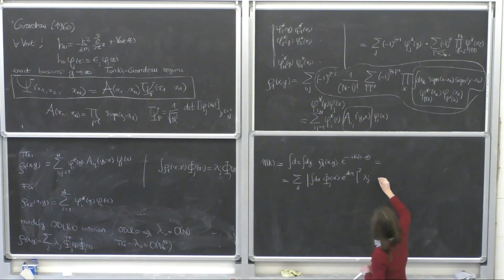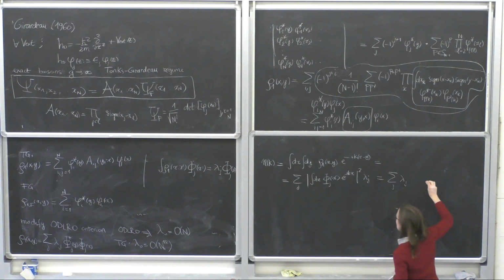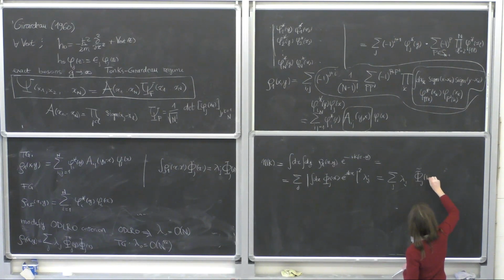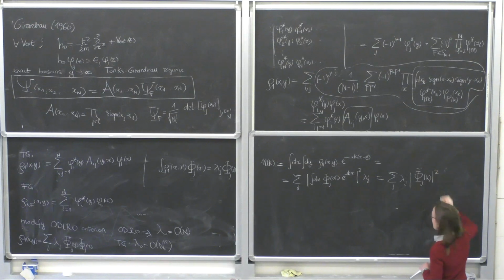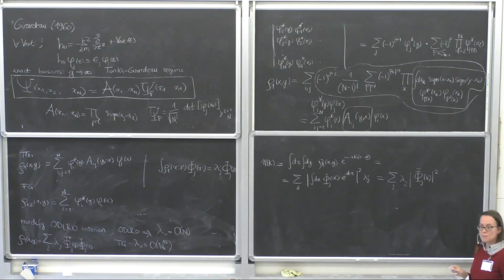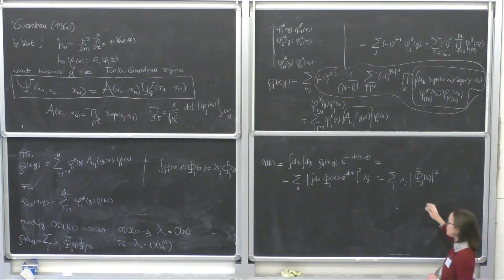So, in other words, this is the sum over j of lambda j times the Fourier transform of these orbitals, modulus squared. So you see that you get the momentum distribution in terms of these orbitals.